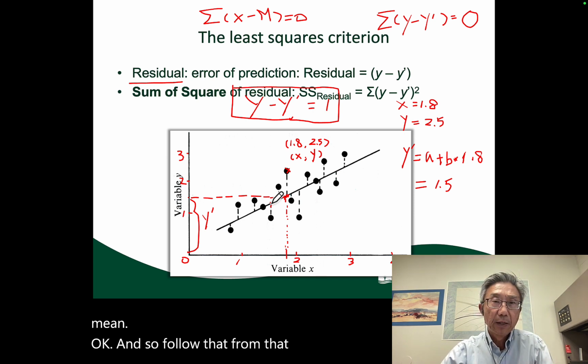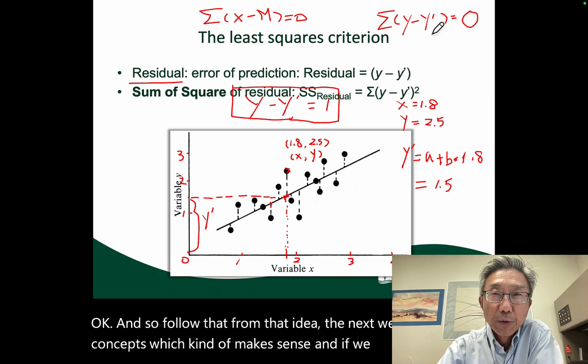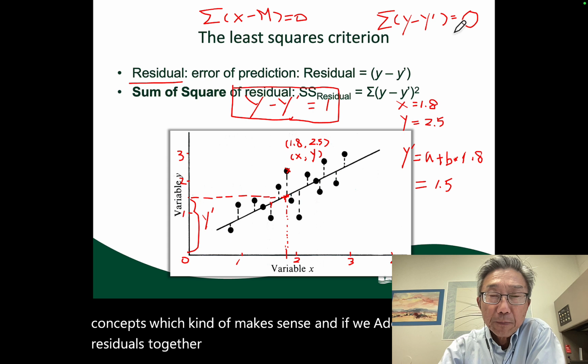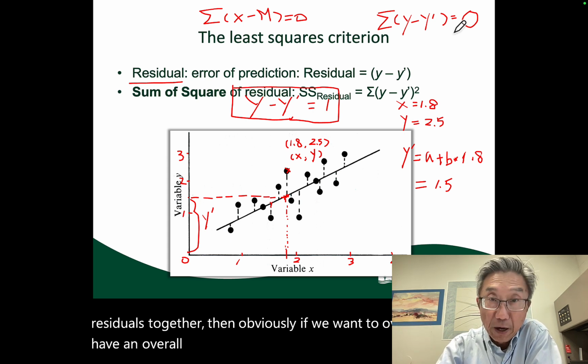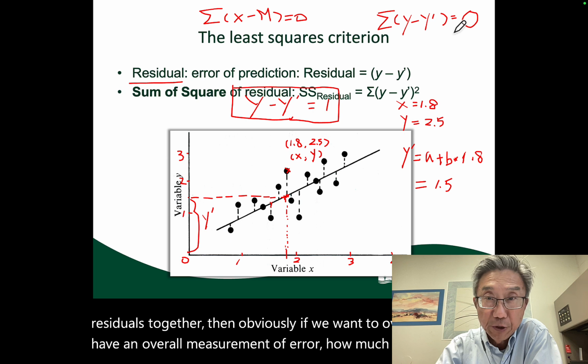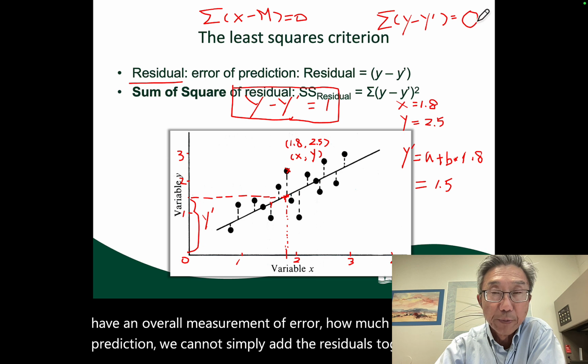From that idea, we have two more concepts which make sense. If we want an overall measurement of how much error is in prediction, we cannot simply add the residuals together because the sum is always going to be 0.